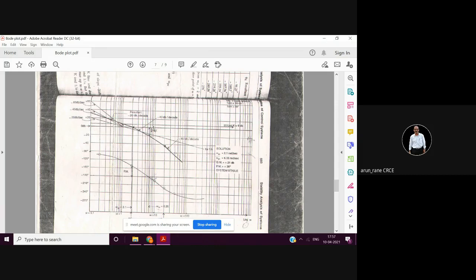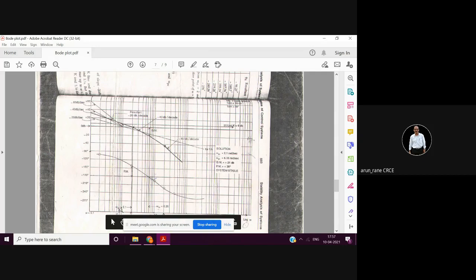This horizontal line, and where it intersects the 20 decibel line, that is omega equal to 1.